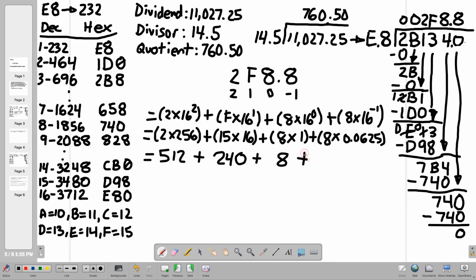And then when we multiply the value 8 times 0.0625, it's 0.50. And its final result would be 512 plus 240 plus 8 and then plus 0.5. And it does indeed come out to be 760.50. And this is what we wanted to show.